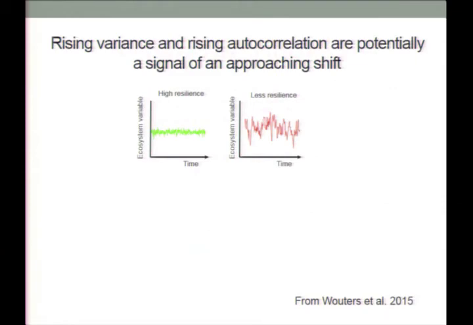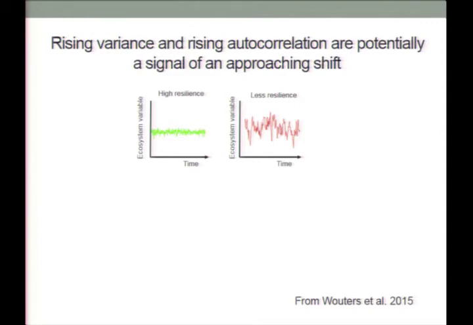And this illustration from Wouters et al., I think, demonstrates this idea quite nicely. The figure on the left illustrates an ecosystem variable that is highly resilient and is far from a critical transition, whereas the figure on the right indicates an ecosystem variable that is less resilient and closer to a tipping point or critical transition.